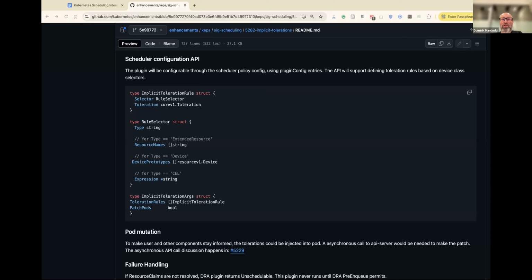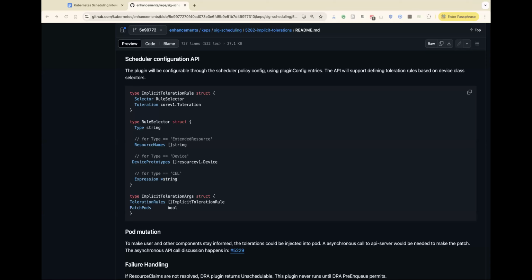So I think I had a question. In one case, if we have prioritized alternatives and the claim requests a few different options, and only one of them requires a toleration because there is a taint, we will be applying the toleration for the whole claim, even though we are not going to use the GPU which was protected with the taint.